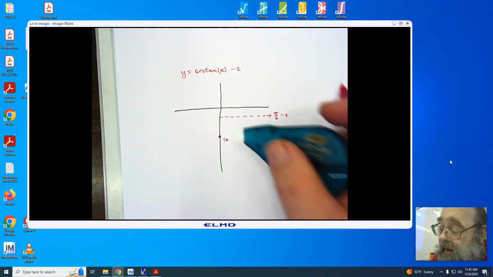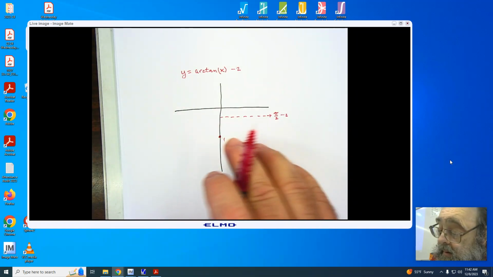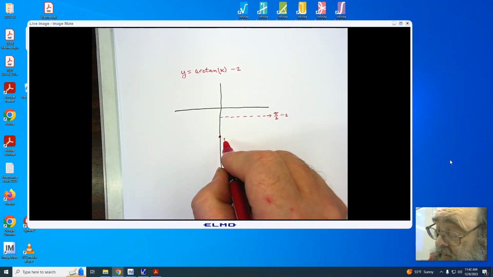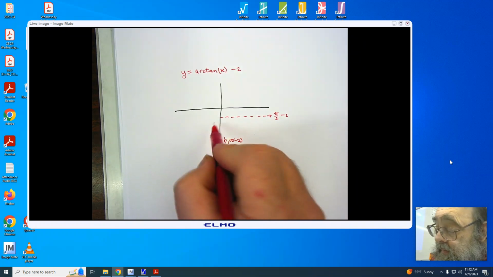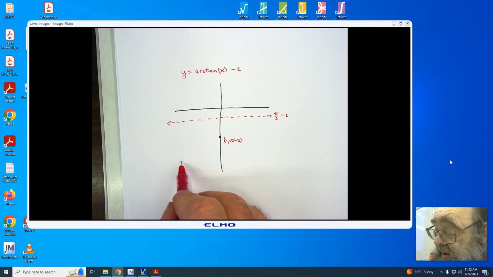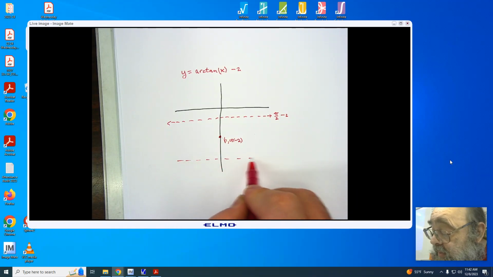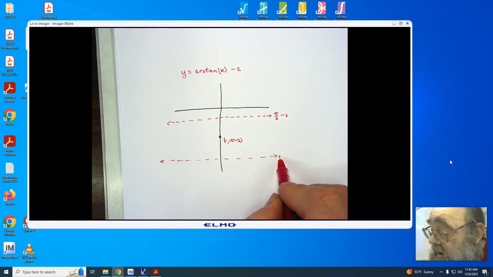Try that again. That's going to be 0, and then we have pi over 2 minus 2. And we'll put the other asymptote right down below. This is the negative pi over 2 that is being shifted, and it is therefore negative pi over 2 minus 2.